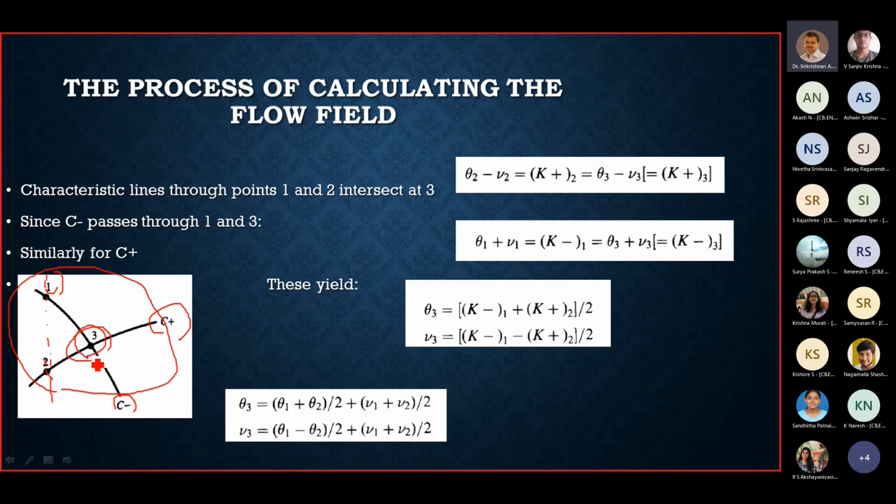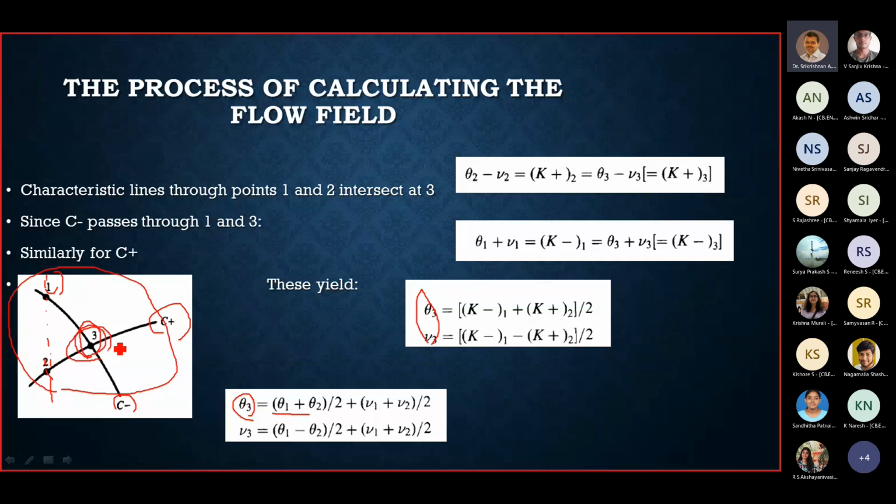So by considering this and knowing the values at 1 and 2, we can do a solution. We can solve for, say, theta 3 in terms of theta 1 plus theta 2 by 2 and nu 1 and nu 2. That is, if I know values corresponding to 1 and 2 as theta 1, theta 2, etc., then I can calculate theta 3 and nu 3, which gives me the values corresponding to 3.